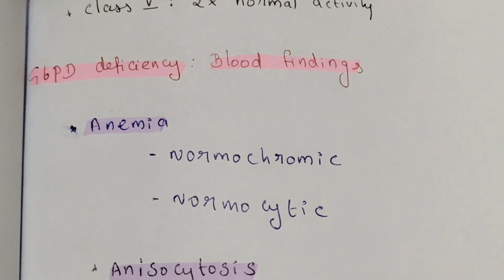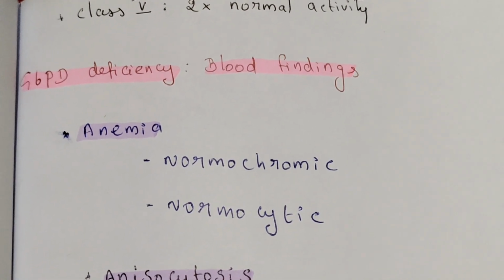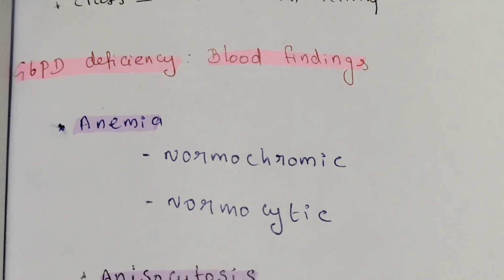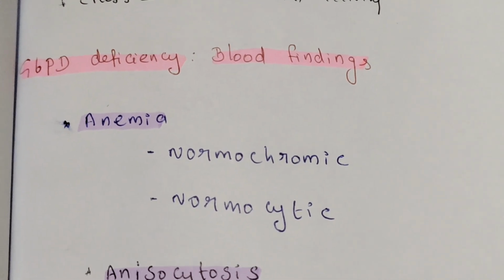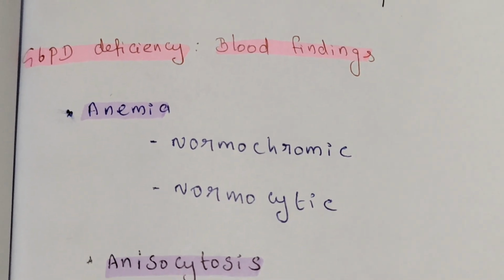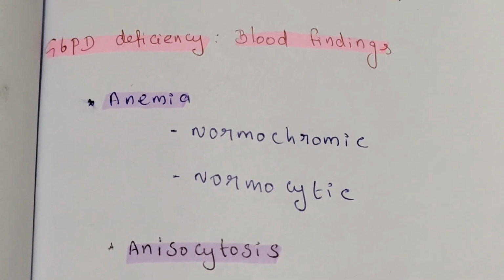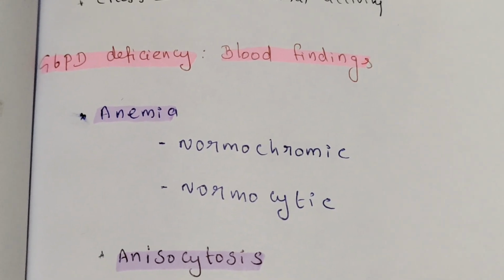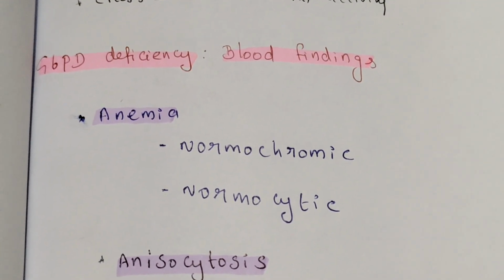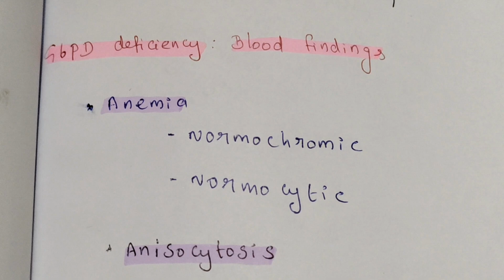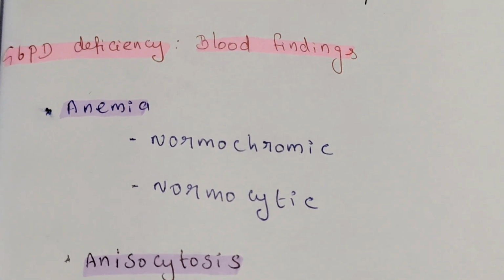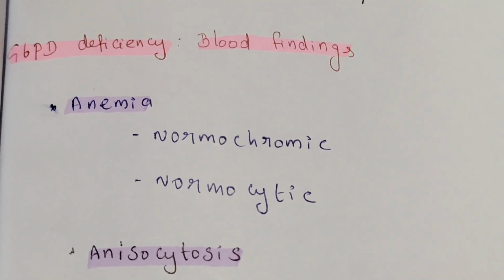So now, glucose-6-phosphate dehydrogenase deficiency, the blood findings. One of the most common findings we look at on the blood smear is anemia, but the anemia is normochromic and normocytic.